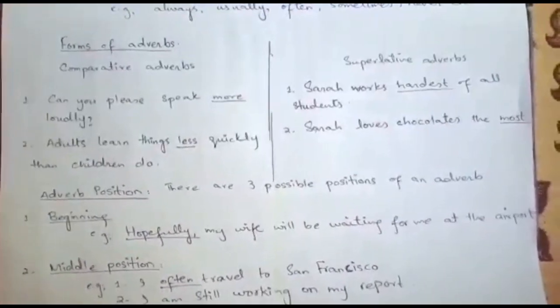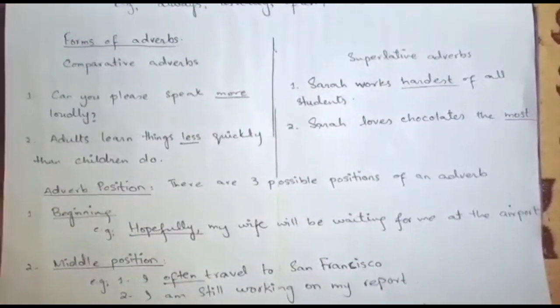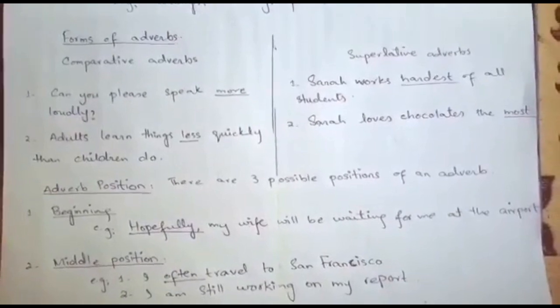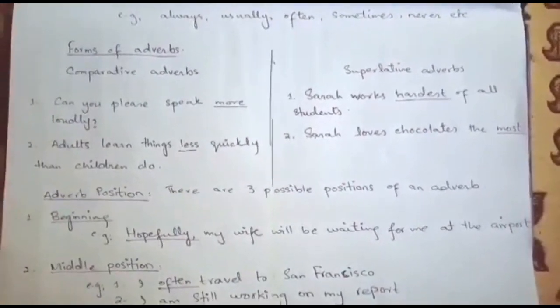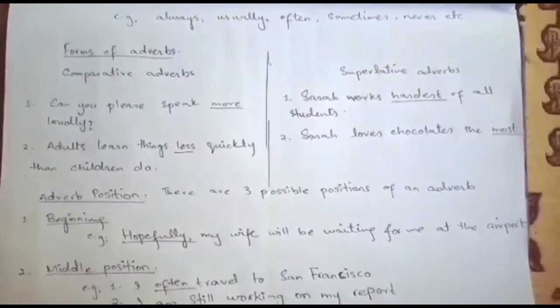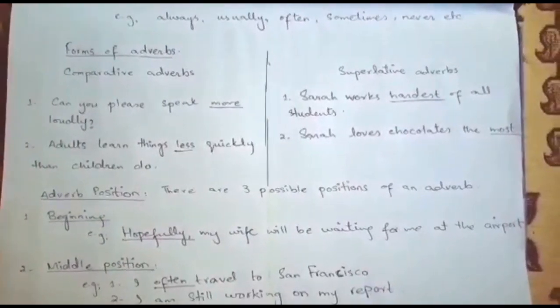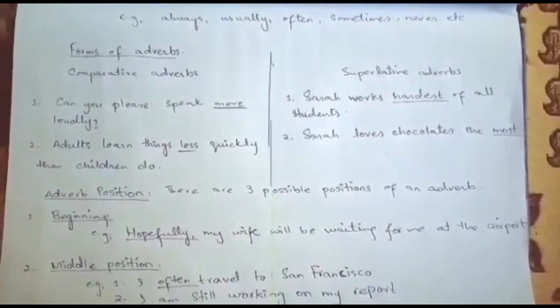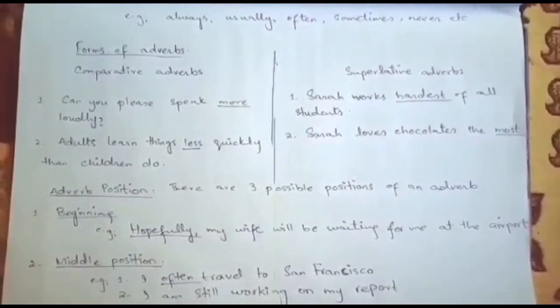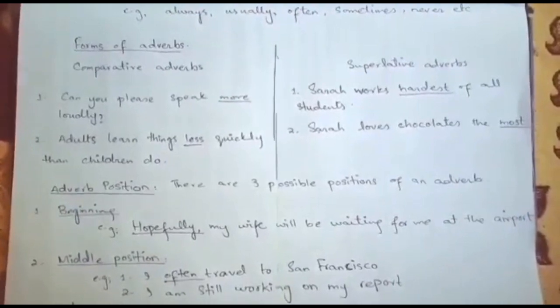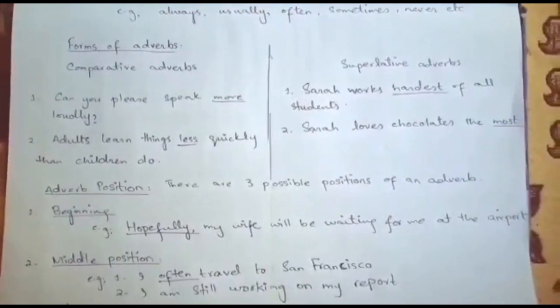Whereas linking and connecting adverbs include moreover, however, therefore, etc. So these types are not usually used. The important types which are always used, I have discussed them before. So let's start the forms of adverbs.